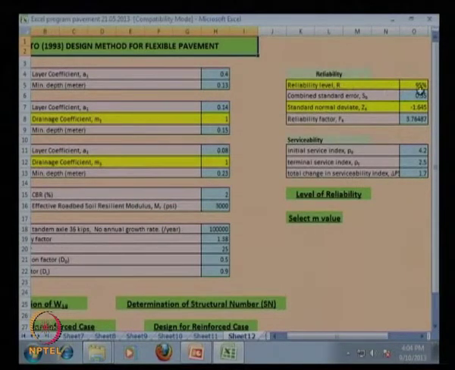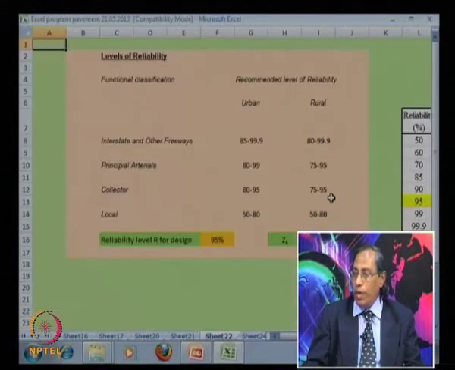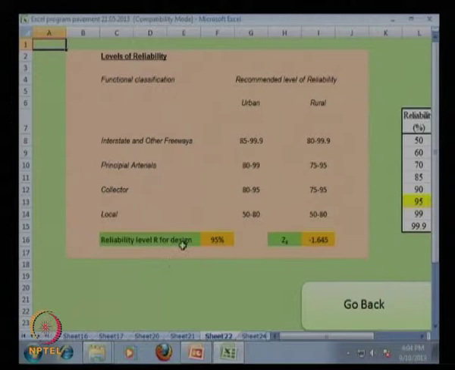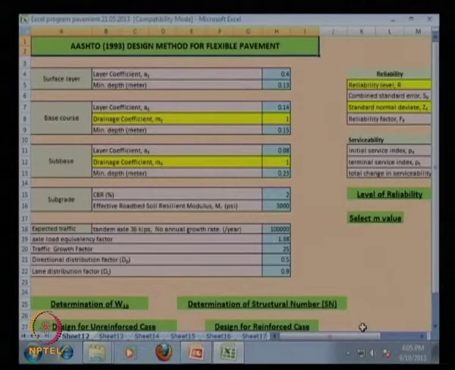So, this reliability factor is 95%, which you can obtain from this chart. The level of reliability, R, for the design is 95%, and correspondingly you can also determine the value of ZR.